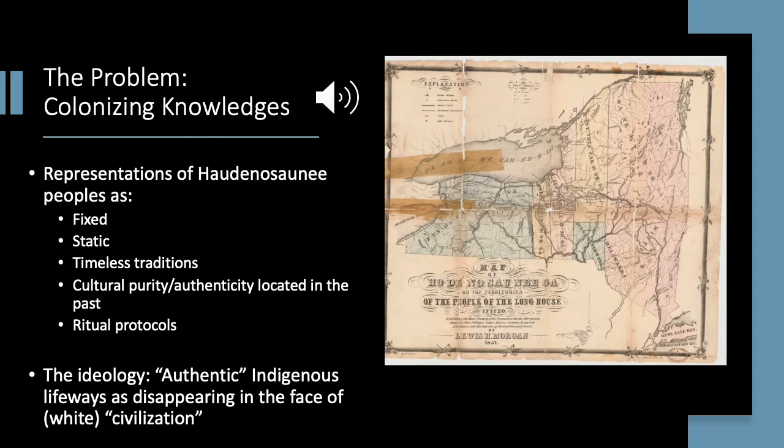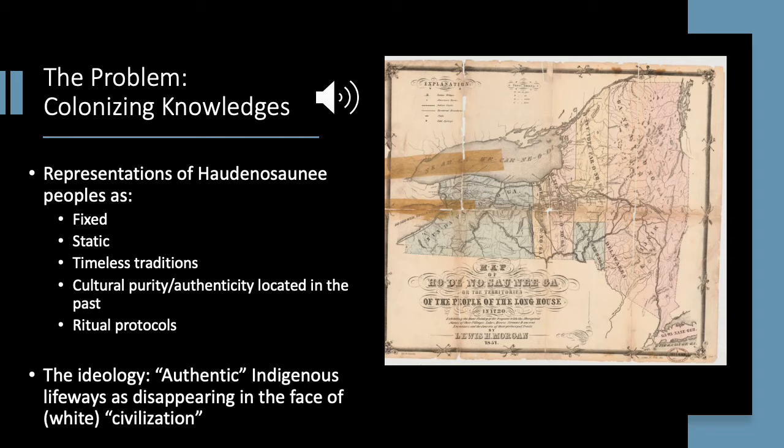Early anthropologists imagined and represented Haudenosaunee people, as well as other peoples, as fixed, as being located in particular geographic places and not moving, as culturally static and timeless traditions. The idea was to represent or know culturally pure or authentic culture.